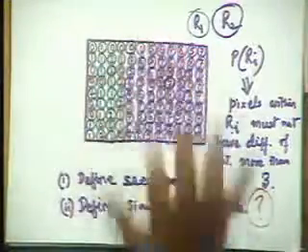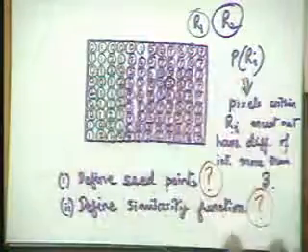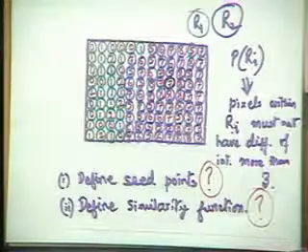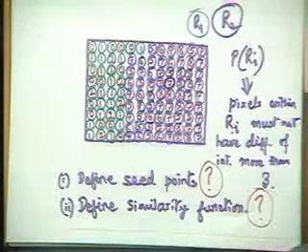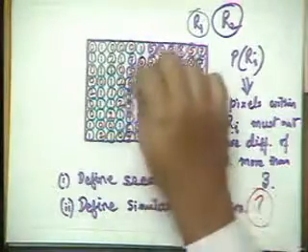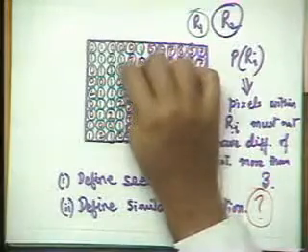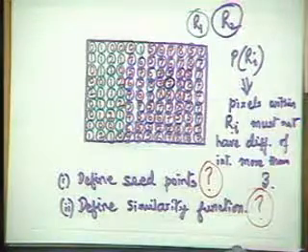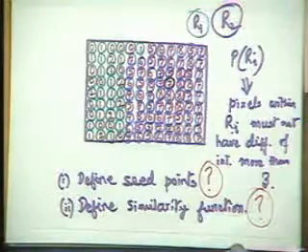Now the second question is about the selection of seed points. If you select the seed points in such a manner that the region growing is possible like this, possibly the way we chose the seed points, we did not have any difficulty. But if we had chosen, as somebody was mentioning, the seed point to be an intensity value equal to 4, supposing somewhere over here I have got an intensity value equal to 4, and I choose that as our seed point, we would have definitely landed up in trouble.